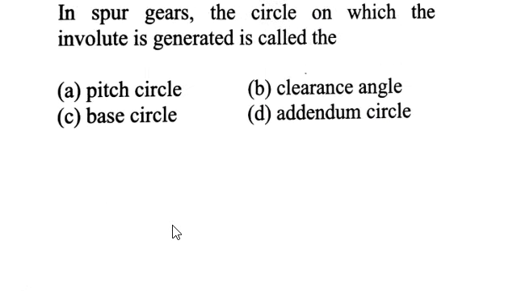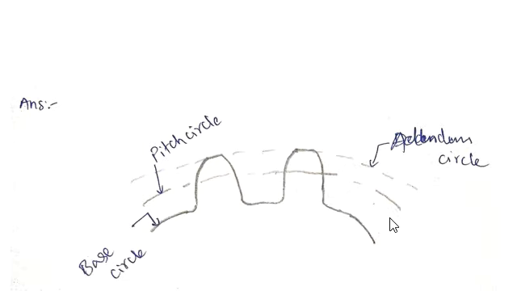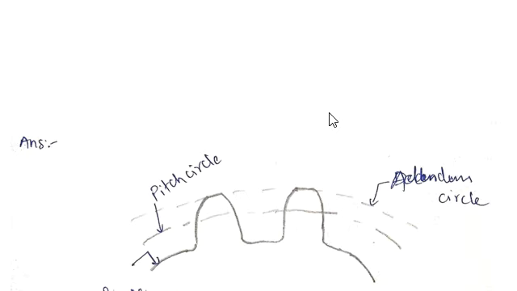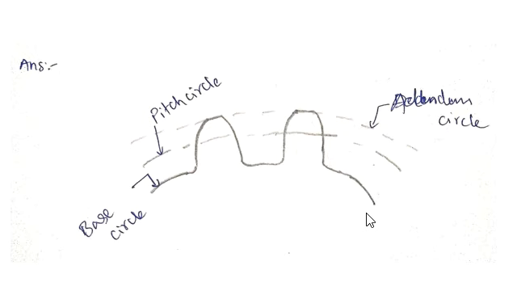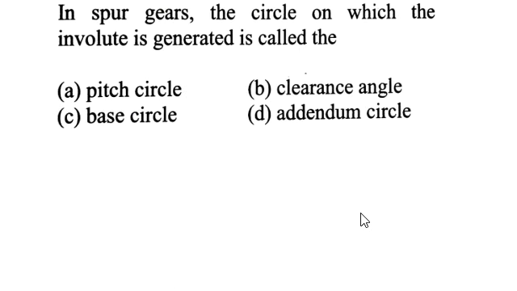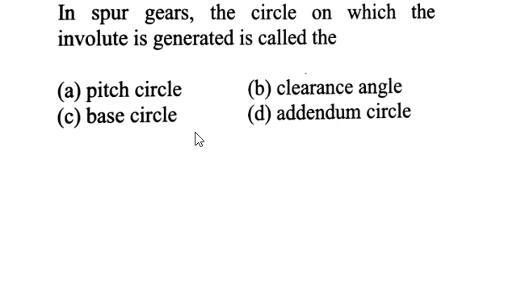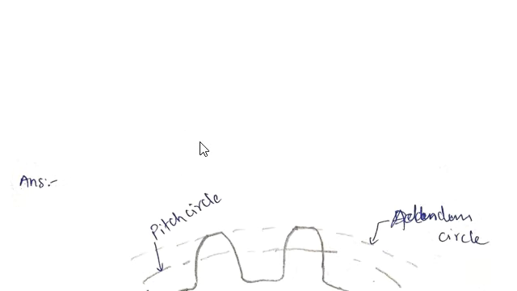In the given options, pitch circle is not correct because pitch circle is an imaginary circle on which rolling motion is observed. Clearance circle is also not the right option. The clearance circle will pass above the base or root circle, and the addendum circle is a circle which is touching the tips of the teeth. So in the given options, base circle is the only right option. So it's a very simple question. You can say directly that the profile will start from the base circle. So option C is the right option for this question.